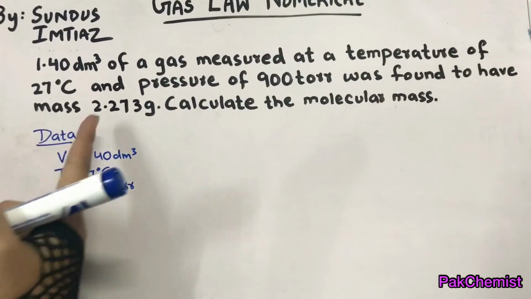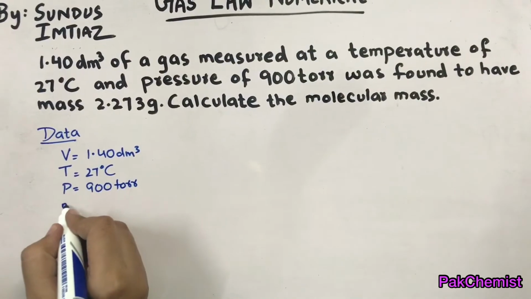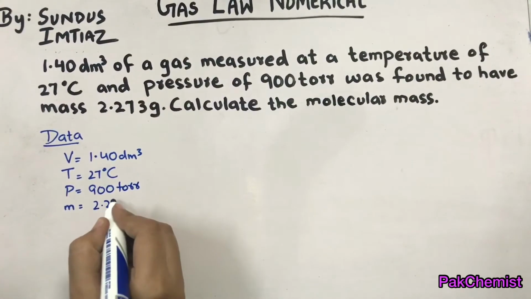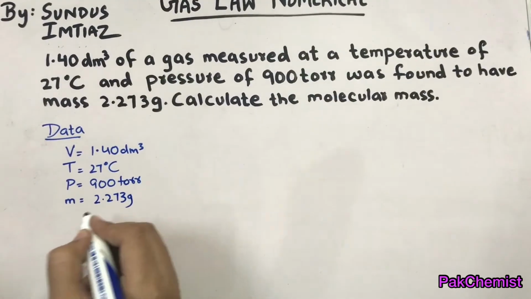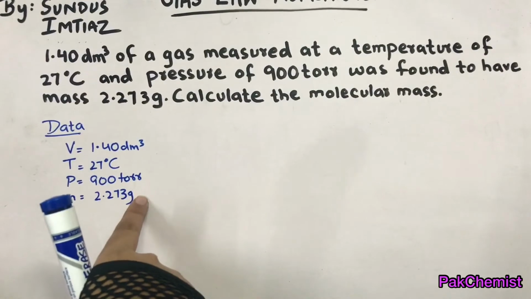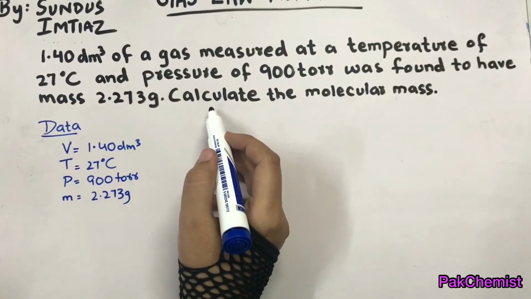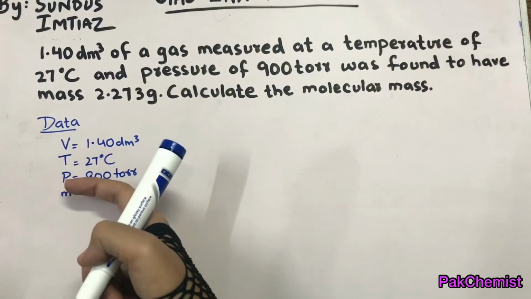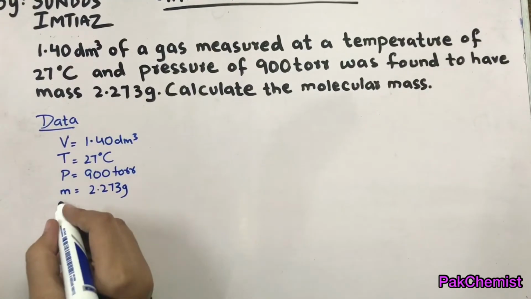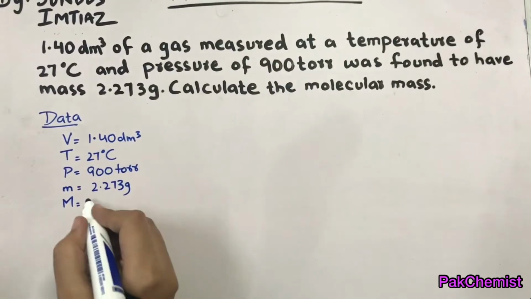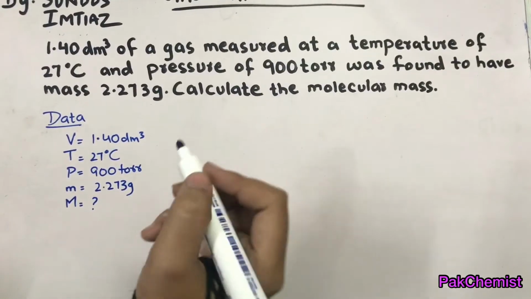And the mass given here is 2.273 gram. You must mention the units because it is compulsory. To differentiate the mass from the molecular mass, I am writing capital M for molecular mass. So we need to find the molecular mass.